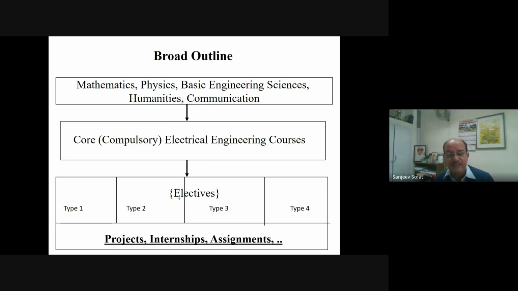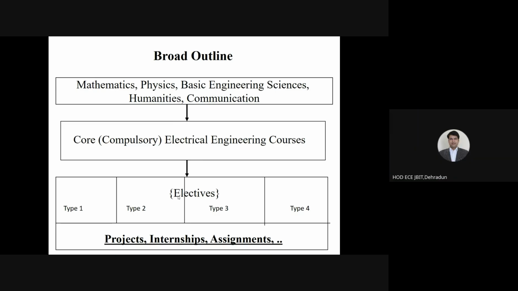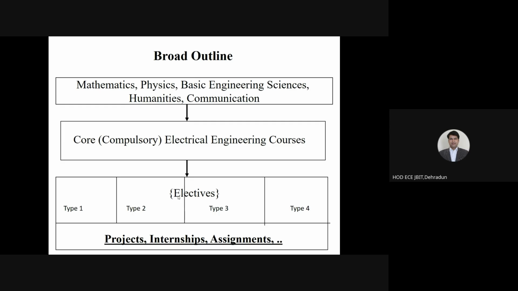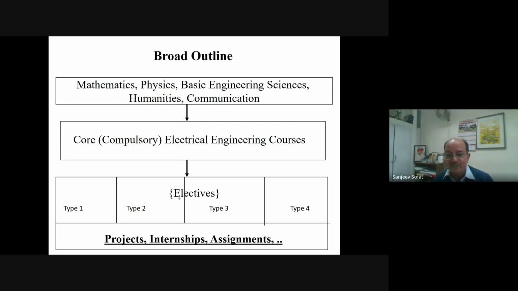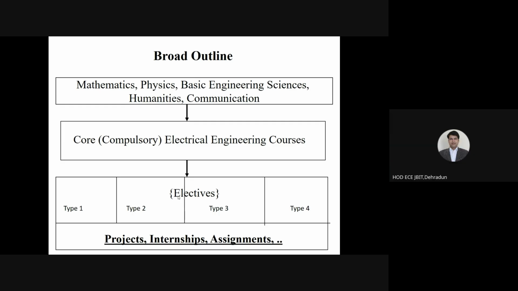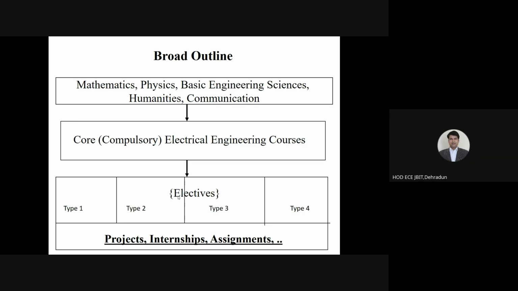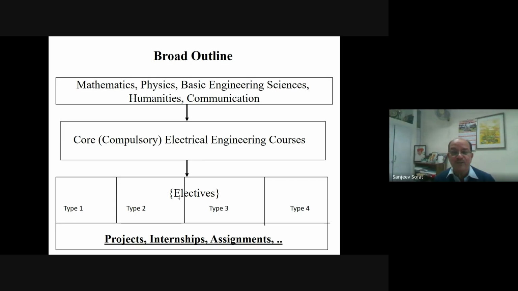Yes, these are core courses. Before that, are you teaching them some basic physics, maths, or basic engineering courses? No, sir, nothing like that. Only introductory biology and mathematics, and basic computer. That's good. This is what I want to drive you at.